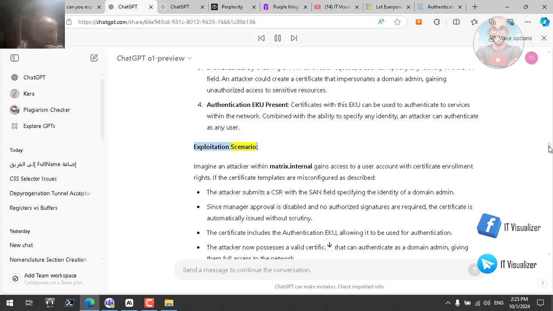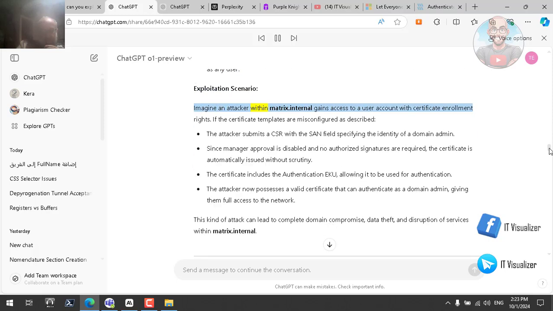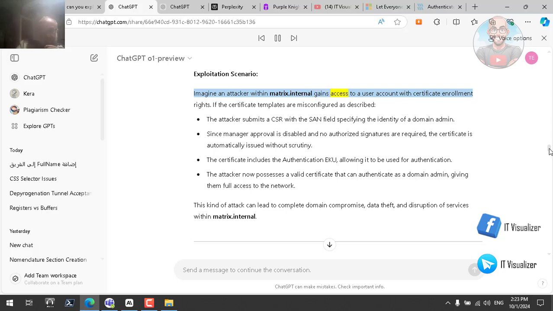Exploitation scenario. Imagine an attacker within matrix.internal gains access to a user account with certificate enrollment rights. If the certificate templates are misconfigured as described, the attacker submits a CSR with the SAN field specifying the identity of a domain admin. Since manager approval is disabled and no authorized signatures are required, the certificate is automatically issued without scrutiny.